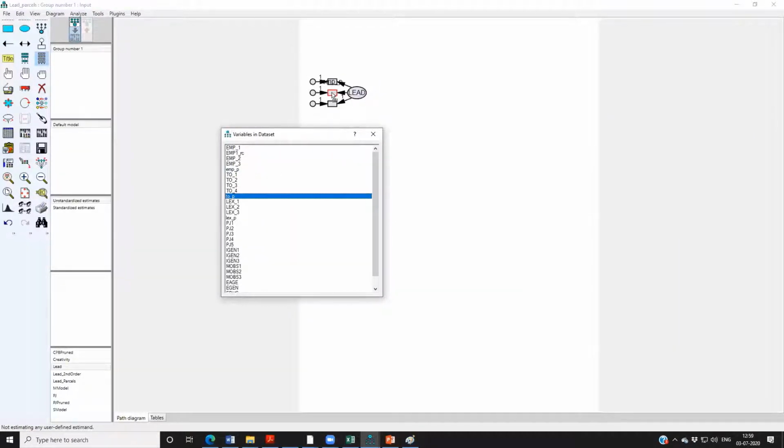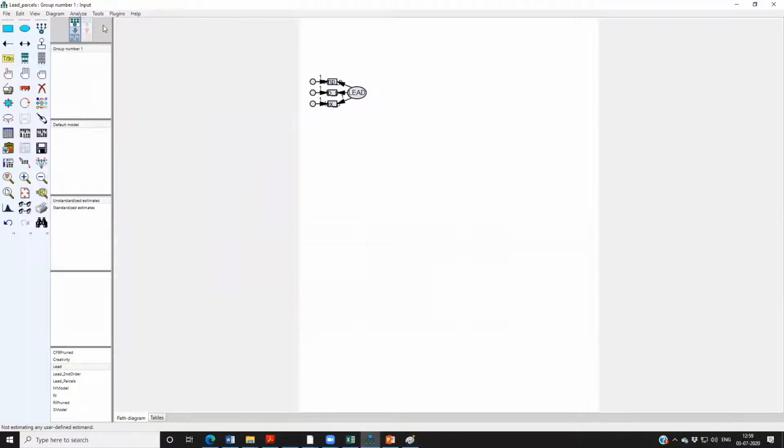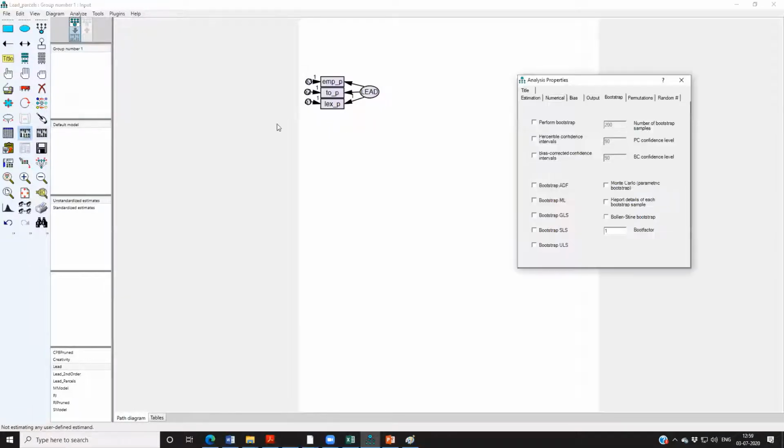I will use the LEX parcel and the PO parcel, and resize observed. Then name unobserved, so you get E1, E2, E3, and now this is my model.